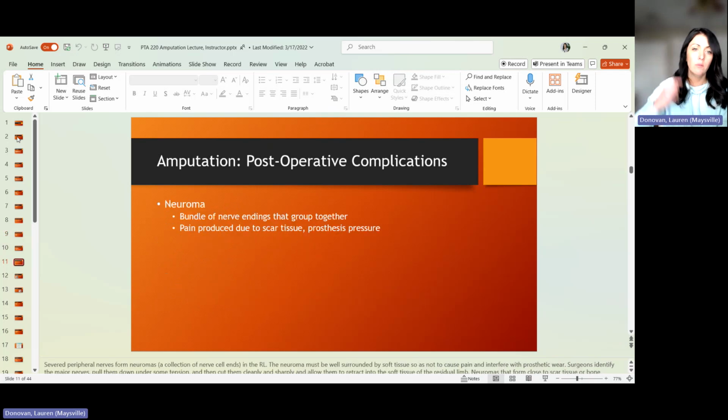Next, we talk about neuromas, which is a bundle of nerve endings that group together. During the surgery, they will literally try to pull on these bundles of nerves, because a neuron is well surrounded by soft tissue as to not cause pain and interfere with the prosthetic.